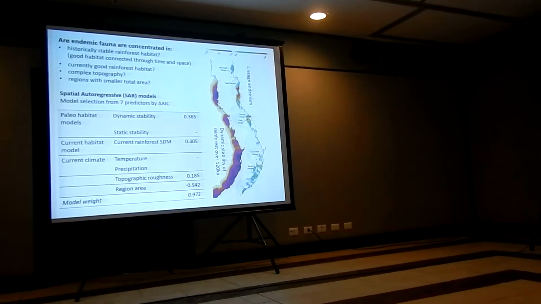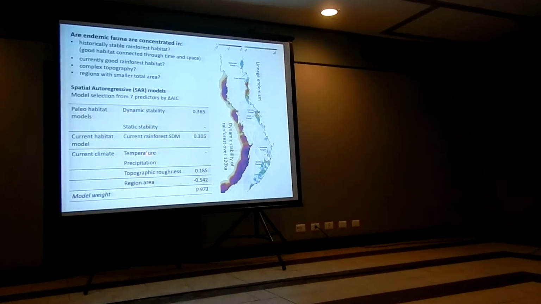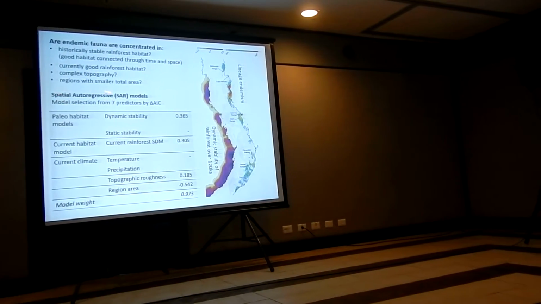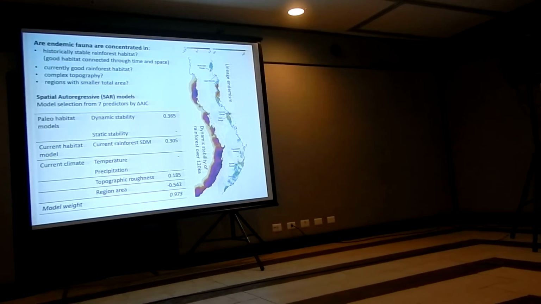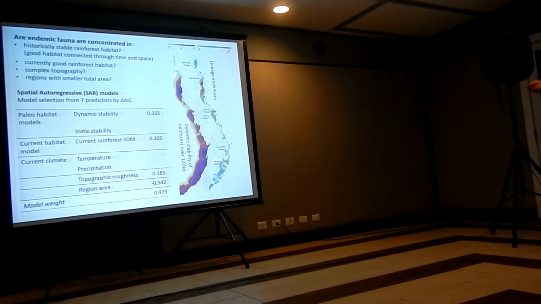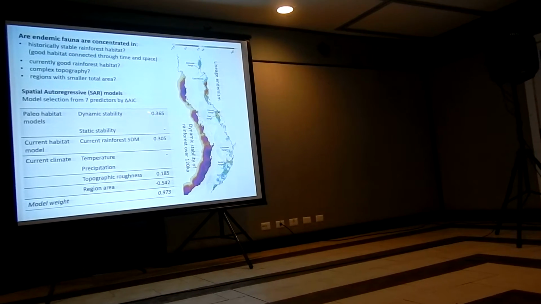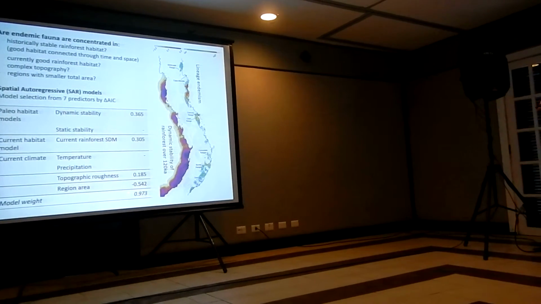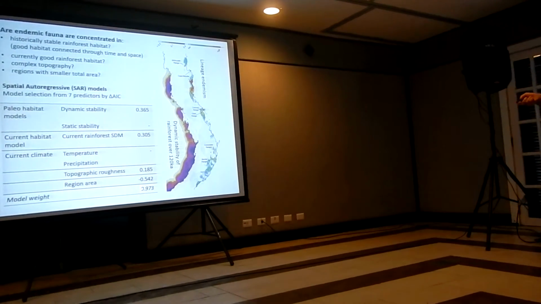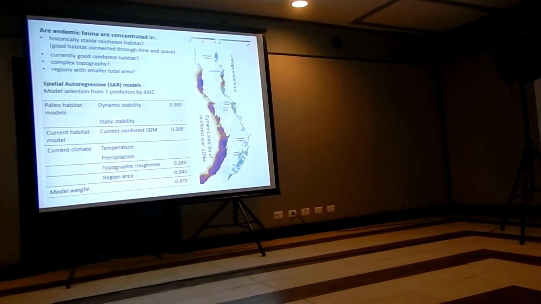So we compared all these possibilities using 7 predictor variables in a series of spatial autoregressive models. We compared all combinations of these variables, using an AIC model selection framework. What I'm showing you here is the best model, which was found to be a very high likelihood, 97% likely, out of the range of predictors tested.